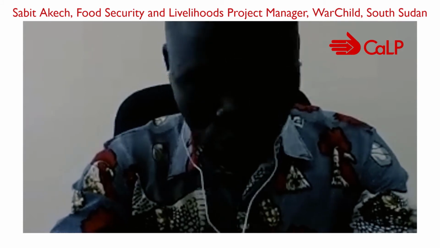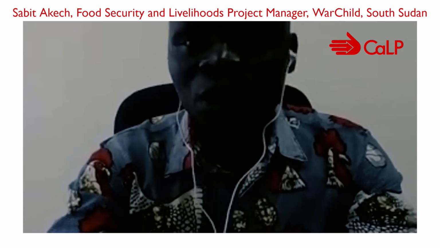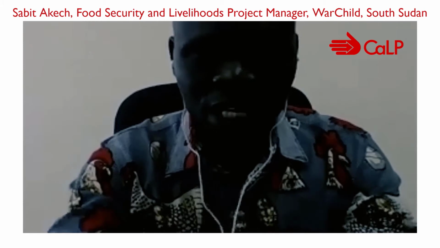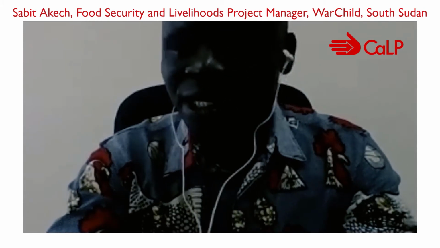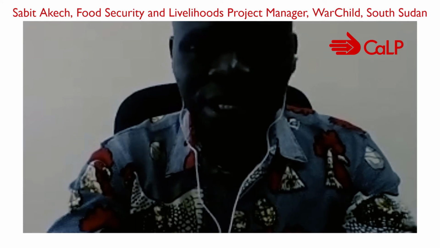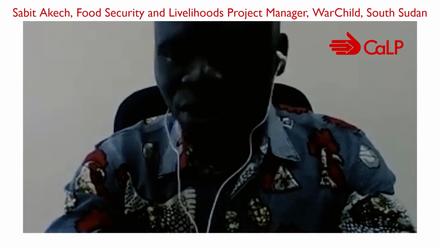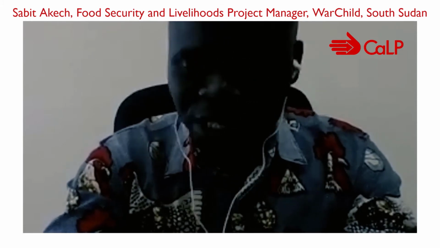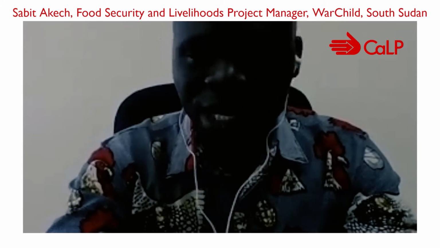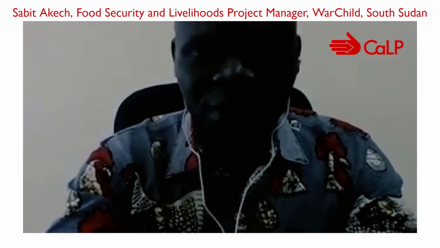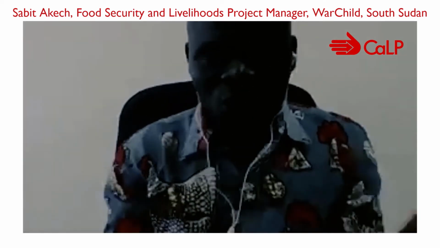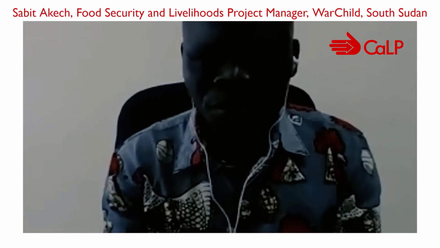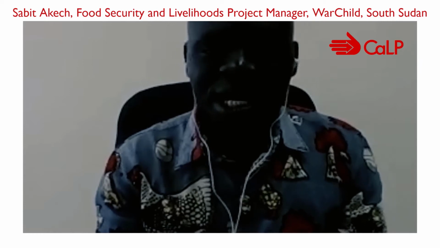In that post-distribution monitoring form, you need to know how the beneficiaries utilize the cash or the item you give out to them through the vouchers, or maybe after the work was done, if you provide them with some cash, you need to know how this money was utilized by the household.